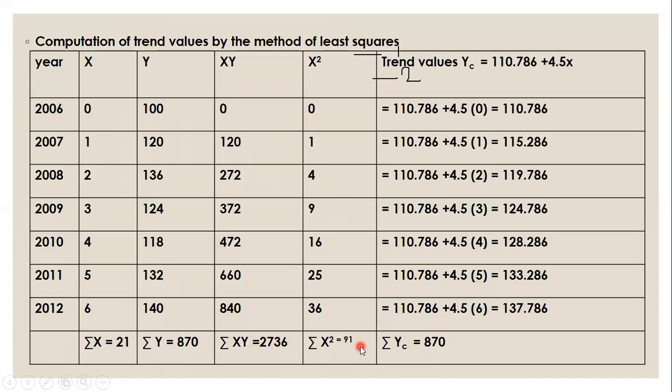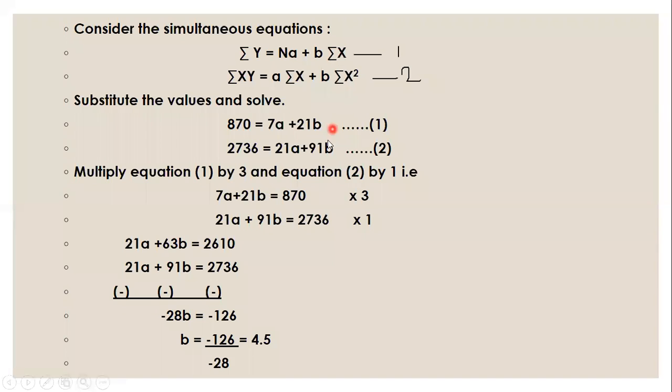Next, sigma x square is 91, so it is 91b. So these are your simultaneous equations which we will be solving, that is equation 1 and equation 2. Understood? Can we move further?